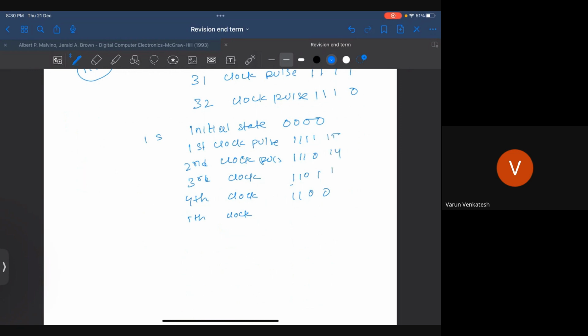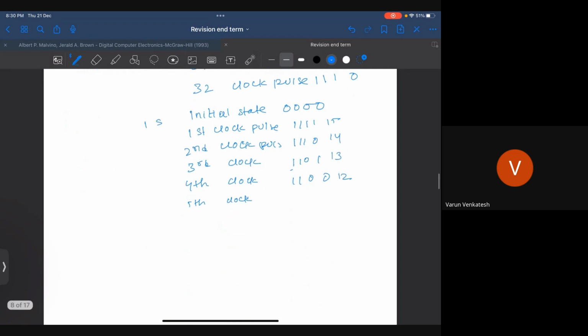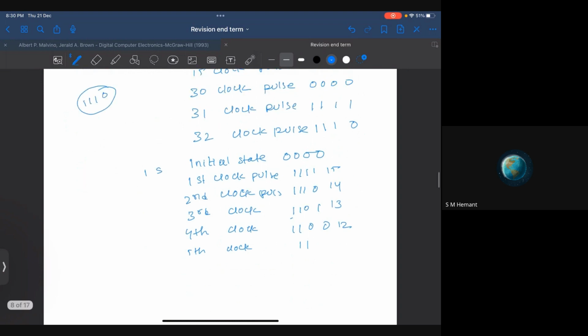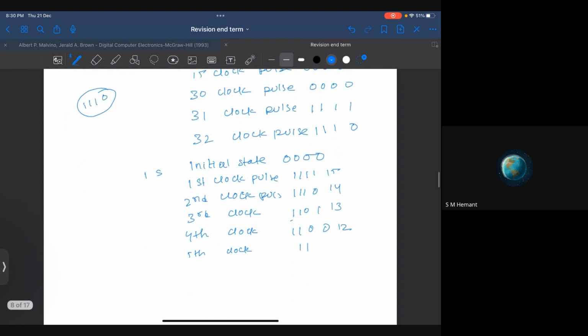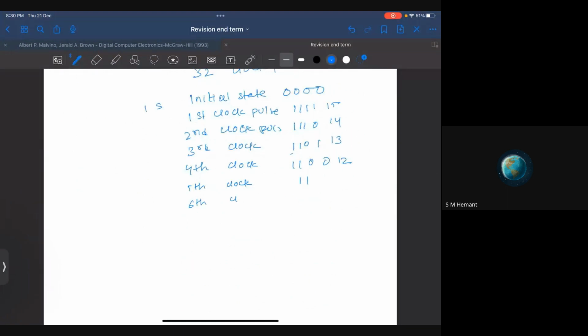This is 15, 14, 13, 12. Then fifth clock pulse it will be 11. Actually, 15 should not be valid if it's a mod 15 down counter. Yeah, correct. Okay, let's see, the sixth clock pulse. It will be 10. Seventh clock pulse.